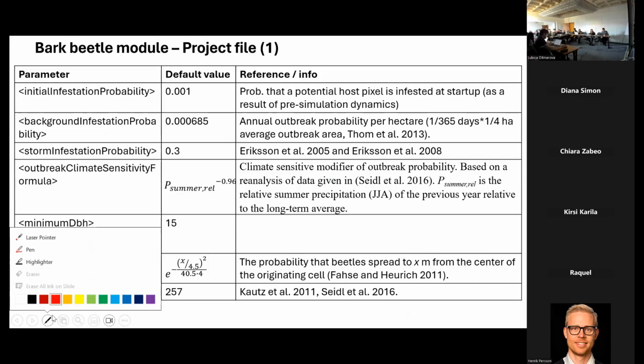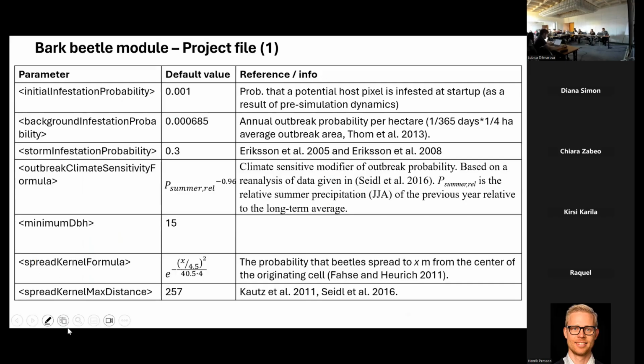This one and this one show the background probability. Then the storm infestation probability is the probability that one windfall tree is killed by spruce bark beetle, and this comes from some empirical studies.